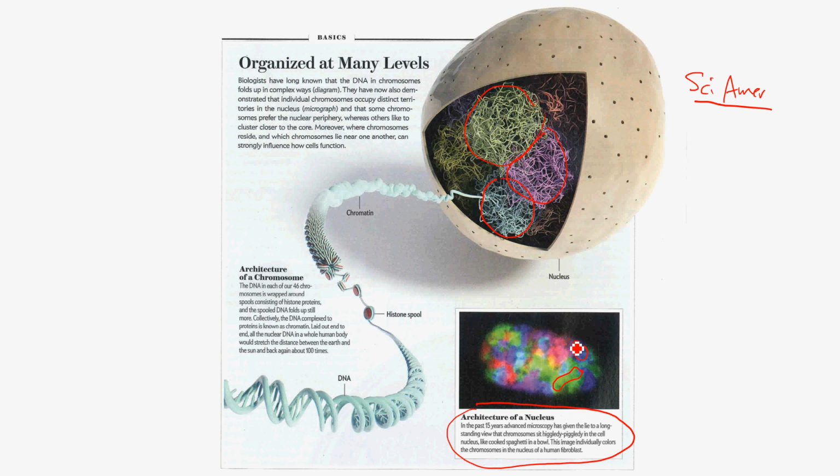And not only that, but they spend different times in different forms, going from euchromatin to heterochromatin, right? And there are certain areas of the nucleus where, when the chromosomes are being replicated or in euchromatin form are being expressed, genes are being expressed from them, that they move to different areas of the nucleus, right?